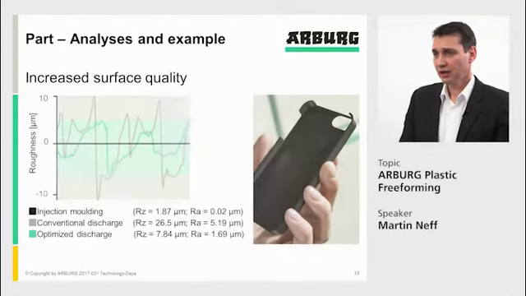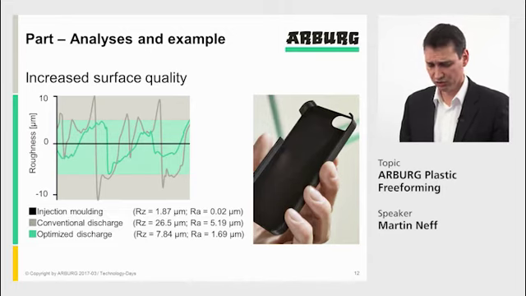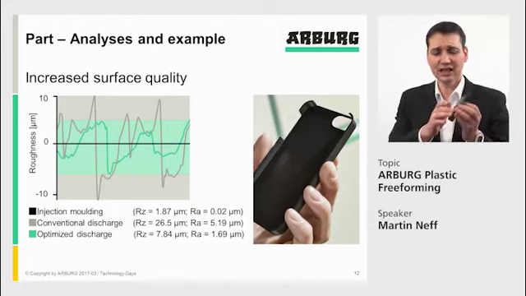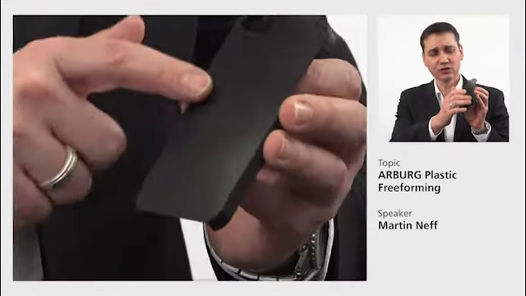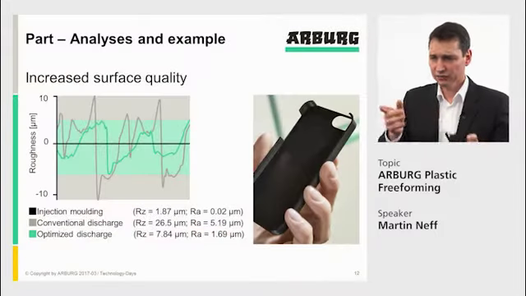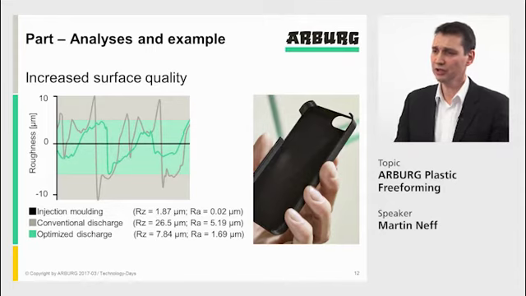So another quality effect which we usually see with injection molded parts is how the surface finish looks. How smooth or rough is the layer? You see here some values, and compared to injection molding, we achieve a very smooth layer.